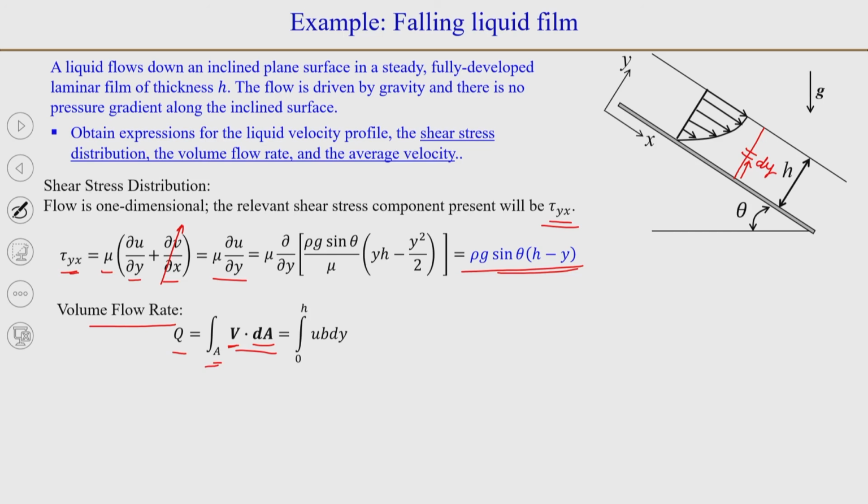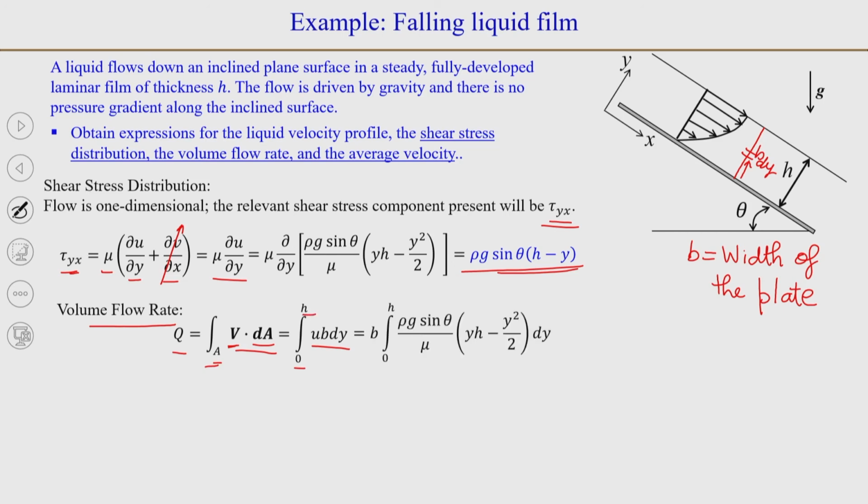So, this area will be b into dy, where b is the width of the plate, which is the dimension of the plate normal to screen. Okay. So, dA will be b dy and you will have the integral of u b dy from 0 to h.